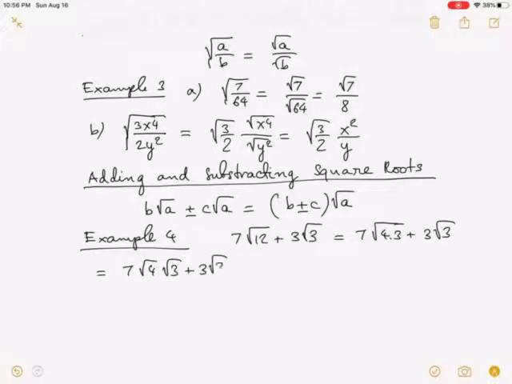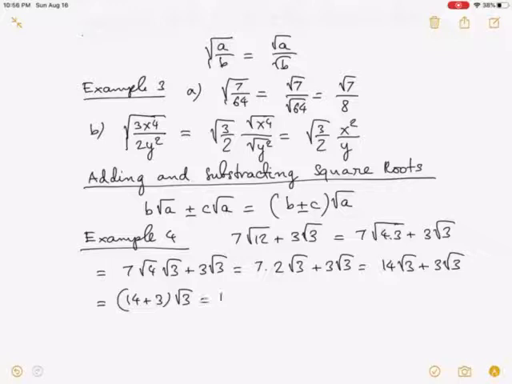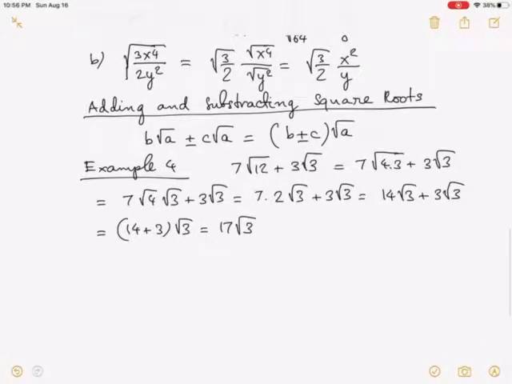So this is the square root of 4 times the square root of 3. The square root of 4 is 2. So this is 2 square root of 3 plus 3 square root of 3. Now we could add 2 plus 3 square root of 3. So this is 5 square root of 3.